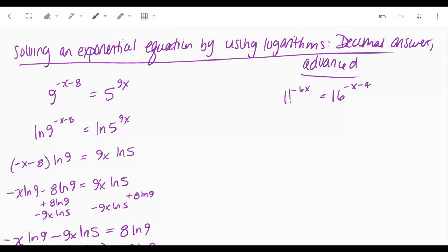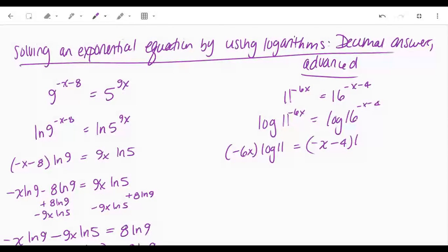So I'll take the log of both sides, which allows me to bring the exponent out front. I'm going to distribute. So here I have negative 6x log 11 equals negative x log 16 minus 4 log 16.